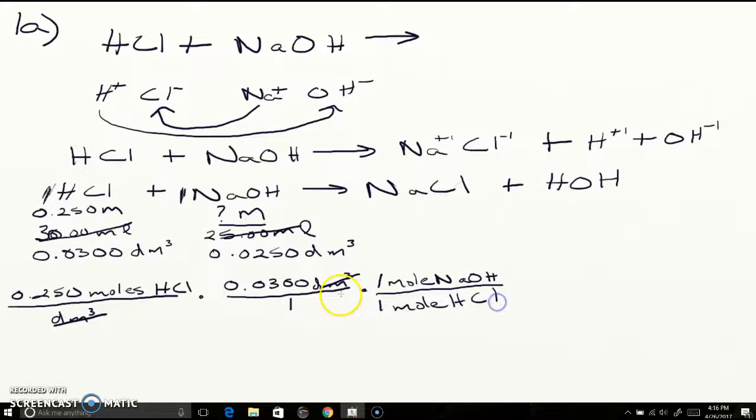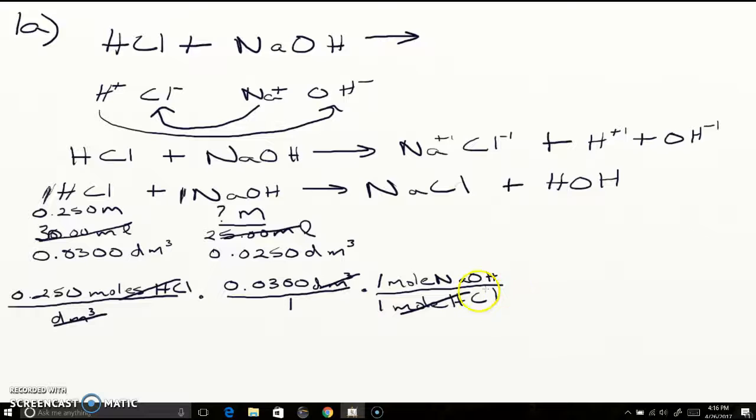Remember, these are the coefficients. This 1 right here is the coefficient that is right here. This 1 is the coefficient right here. And so if you have a 2 or a 3 or some other number other than 1, it would go at that spot. So now my moles of HCl go away here.